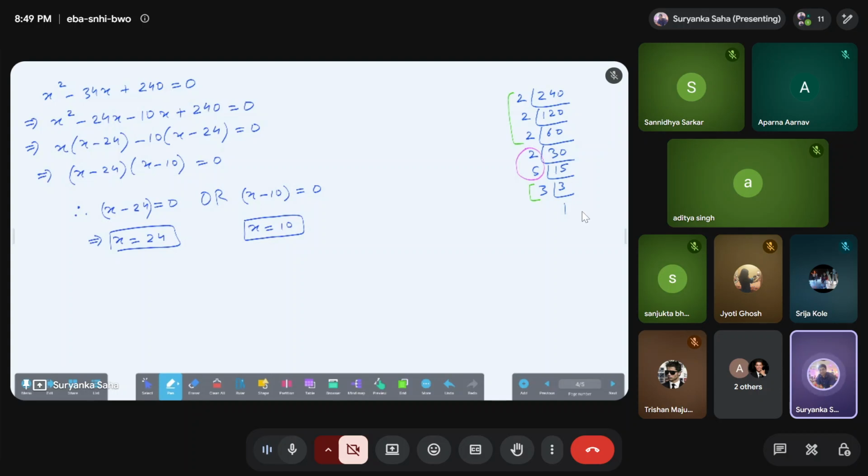There is another option that both the groups should be odd, but that is not possible here because there is at least one 2 that should be present in one of the groups. So splitting into odd is not possible, so the only option is to make both the groups even.